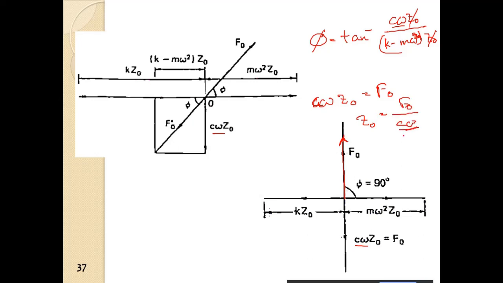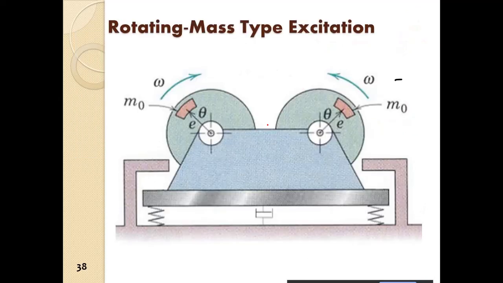Now if C omega is 0, z naught tends to infinity. So that condition we have to avoid at all costs.